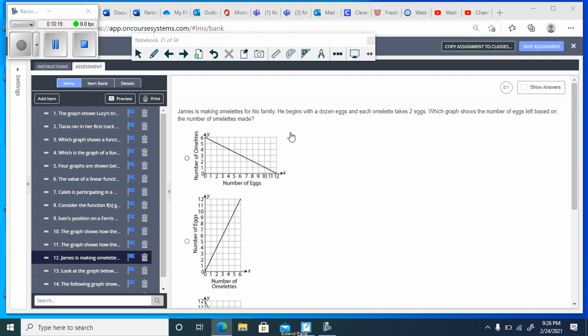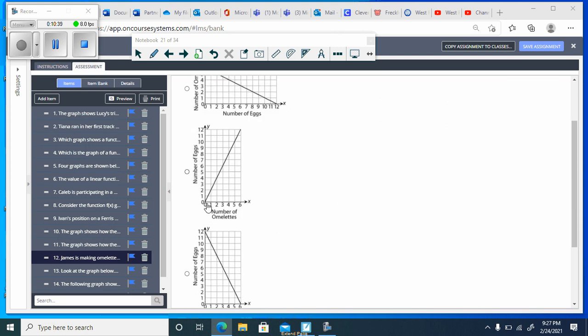James is making omelets for his family. He begins with a dozen eggs, and each omelet takes 2 eggs. Which graph shows the number of eggs left based on the number of omelets made? Okay, let's see. Each omelet he makes takes 2 eggs, right? So if he starts out and makes 0, it's there.